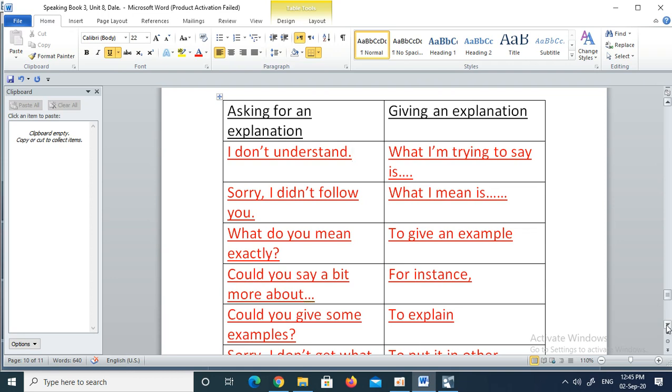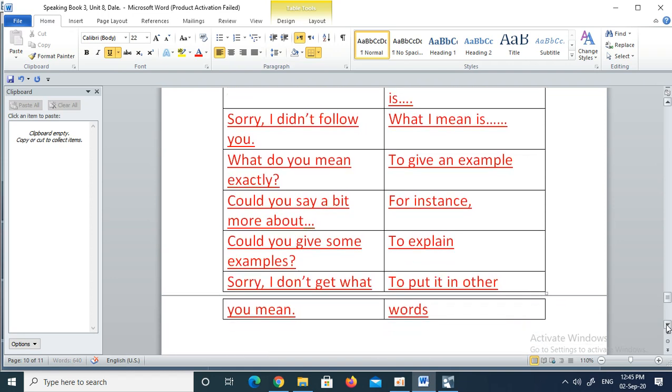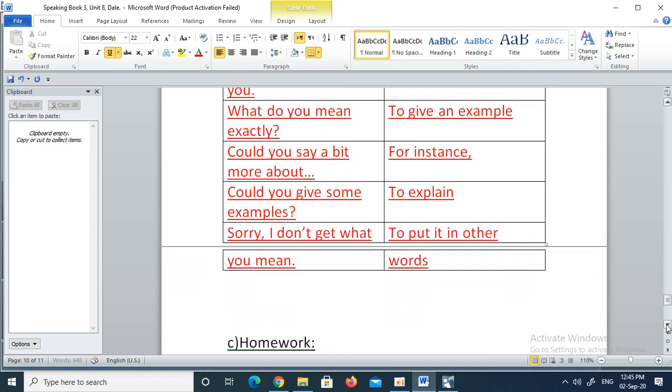That means I don't understand. What do you mean exactly? Could you say a bit more about, and then you just tell the person what it is that you're confused about? Could you give me some examples?